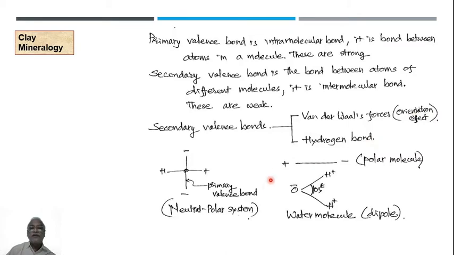Now here what is shown is H2O, a neutral polar system. If it is H2O, now plus and minus are equally distributed, because of that it will be neutral.